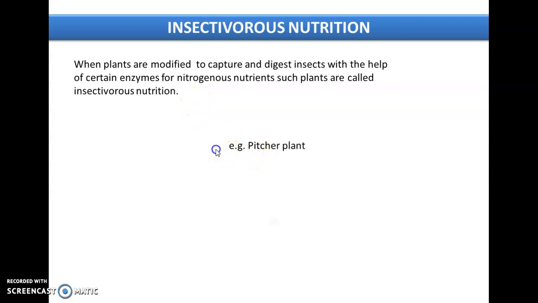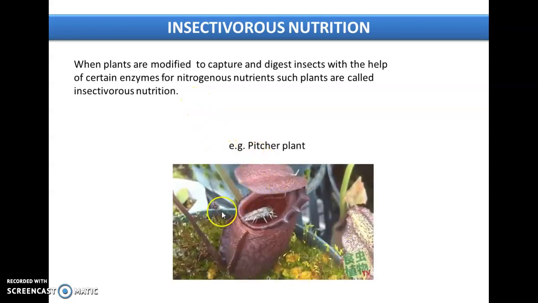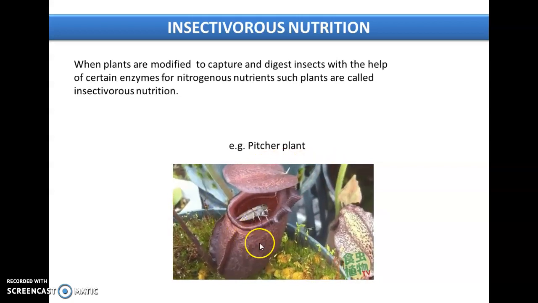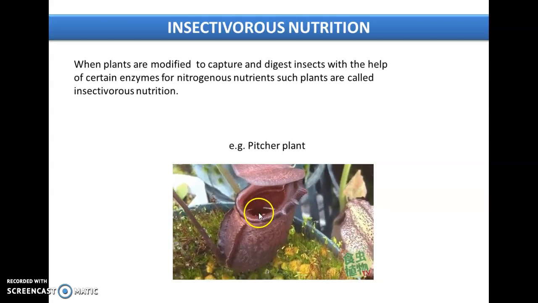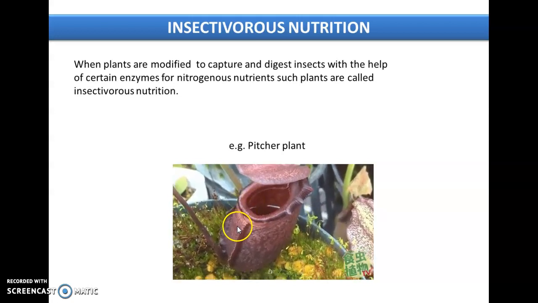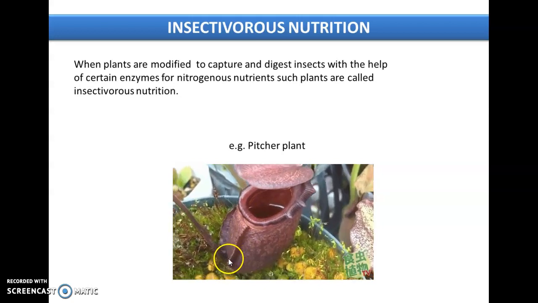For example, the pitcher plant. In a pitcher plant, the leaf is modified into a pitcher-shaped structure, and the leaf apex is modified into a lid. When an insect sits on the rim of the pitcher, the lid is closed and the insect is pushed into the pitcher.